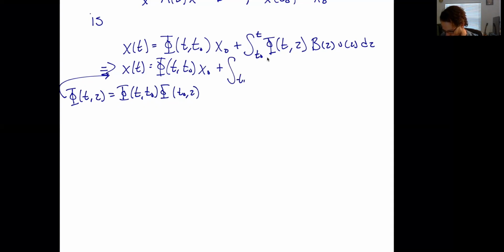Like I said, we can pull this out of the integral. Then that's just our state transition matrix phi of t, t naught, times the integral of phi of t naught, tau, b of tau, u of tau, d tau.